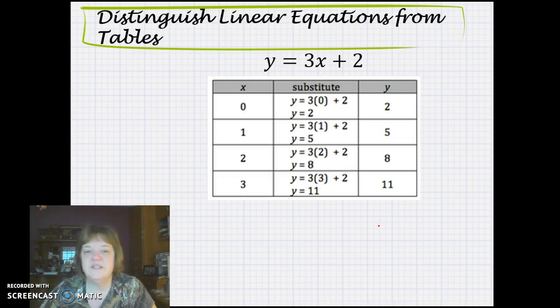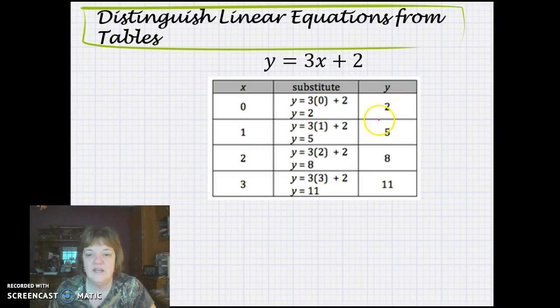Okay, so we're going to distinguish linear functions, linear equations from tables. I want you to see that y equals 3x plus 2. As I plug in values for x, notice over here I have 0, 1, 2, 3. Remember I always like to start with 0. It's one of my favorite things to start with when I'm doing these kinds of things. Plugging in 0 gives me 2 for y.